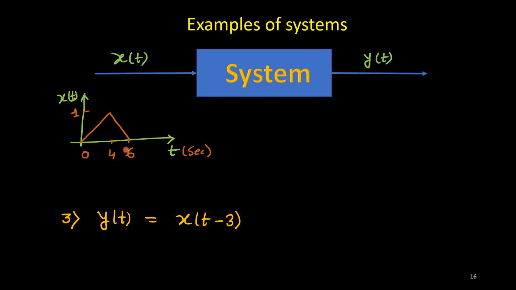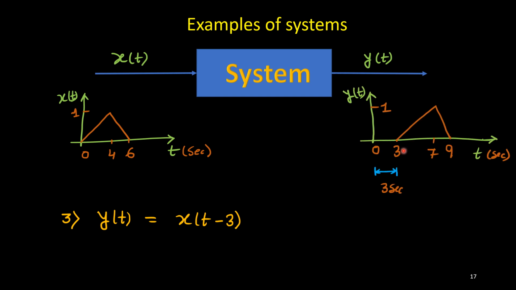Now if it is applied to the system, and the system behavior is y of t equals x of t minus 3, you see at t equal to 3, y of 3 will become x of 0, because x of 3 minus 3 is 0. So the same x of 0 is now visible at y of 3. Similarly, y of 7 will be the same as x of 4, and y of 9 should be the same as x of 6.